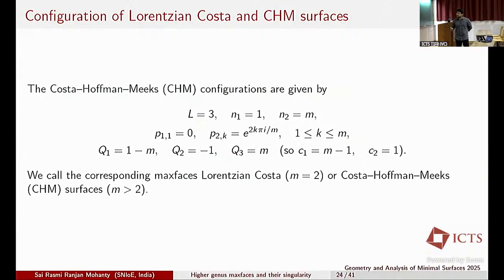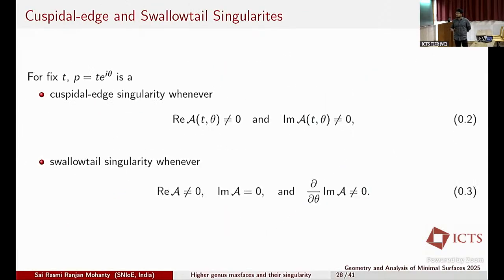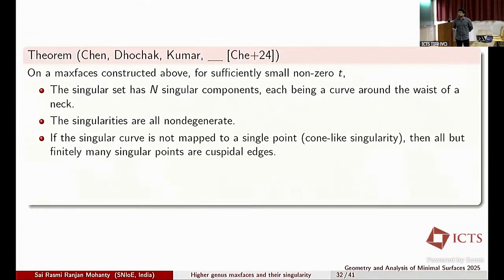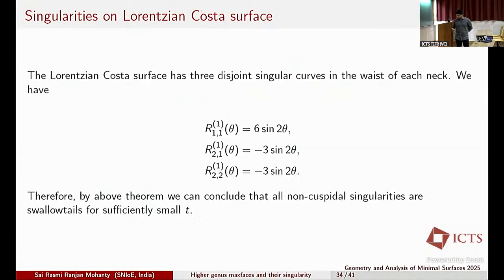So in this configuration we found that R_{11} equals this, and for the other necks, because M equals 2, there are 3 necks. Around each neck, this is the expression. And from the previous theorem, we can conclude that each neck contains 4 swallowtails, and the others are cuspidal singularities.